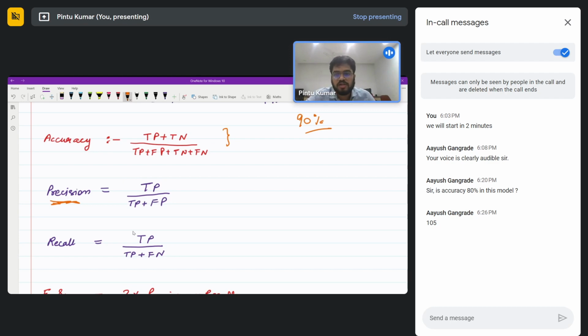What does precision mean? Among the predictions that you are calling positive class, how precise your predictions are. That means out of the positively predicted class, how many of them are actually of positive class, which is true positive divided by total number of points that were predicted to be positive.